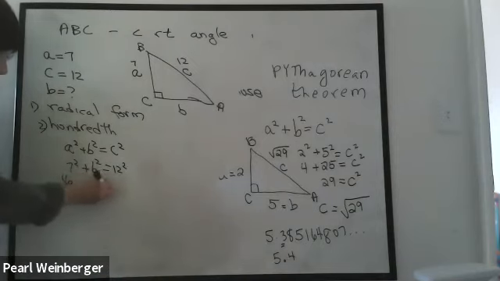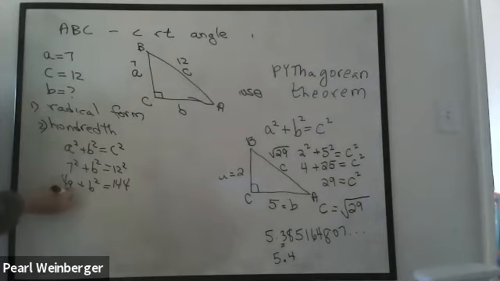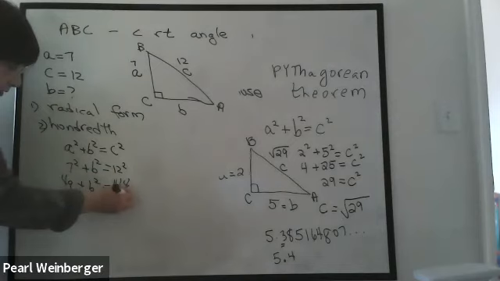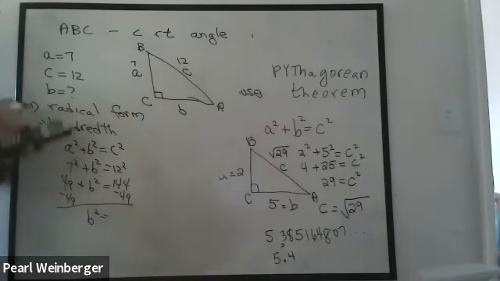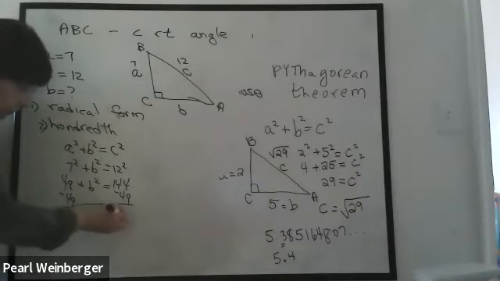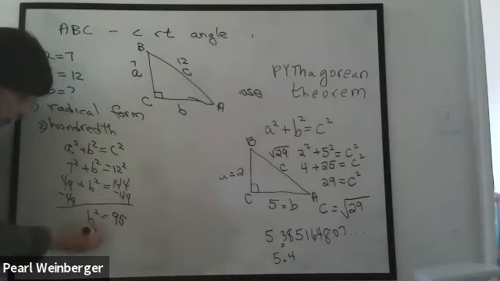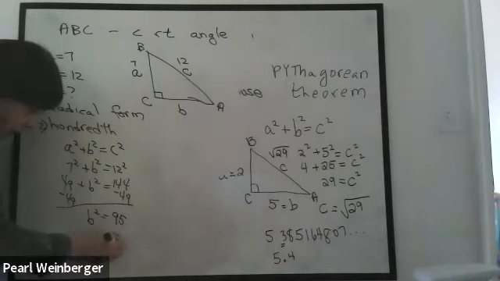And 12 squared is 144. So I'm going to have to subtract 49 from both sides to get the b squared. This will give me that b squared equals 144 minus 49, which is 95. And that means that the b has to be the square root of 95.